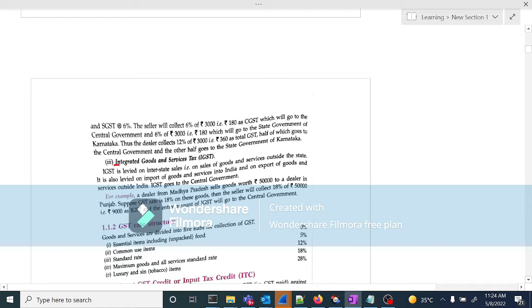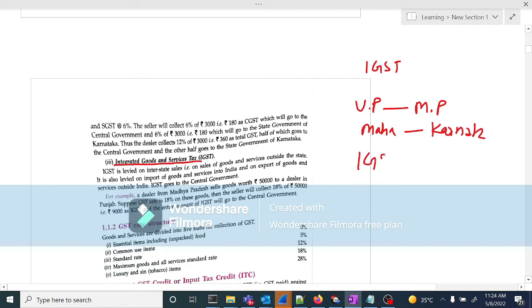Now we have one more concept called integrated goods and service tax. This is IGST, right? Any goods which are bought in UP and sold in MP, or bought in Maharashtra and sold in Karnataka, there is a tax called IGST imposed, that is integrated GST, and this IGST wholly goes to the central government.